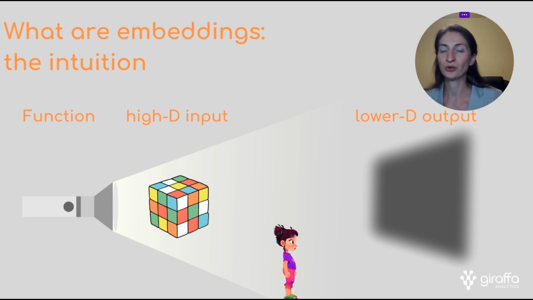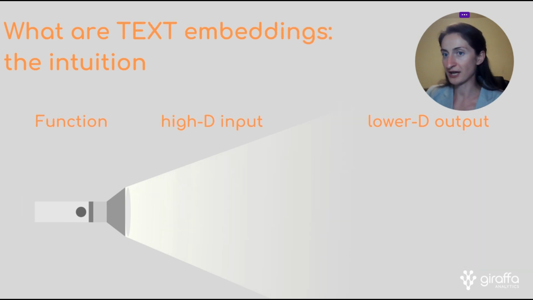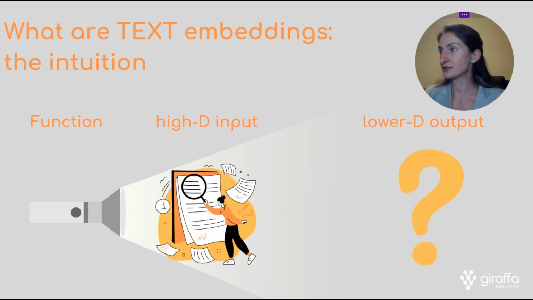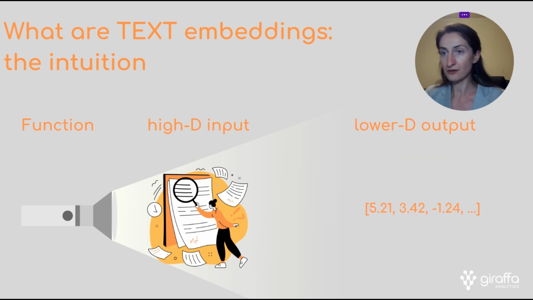Ideally, the embedding model would give the richest lower dimensional representation of the input. Going back to our project, a text embedding is the result of applying some function to text input data.